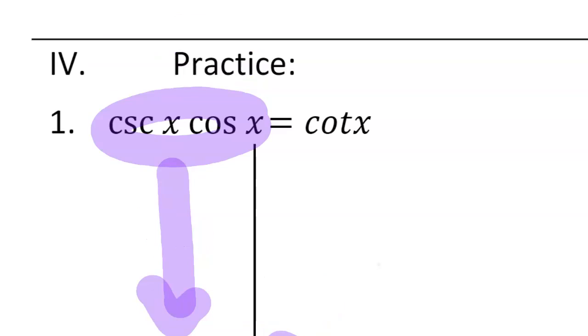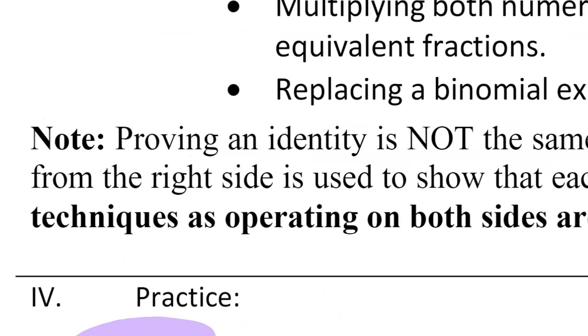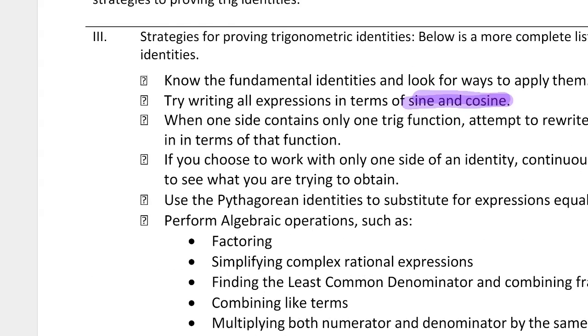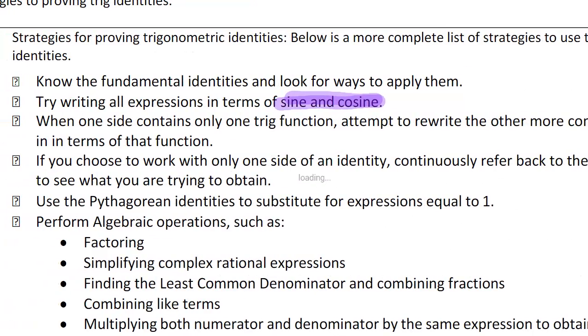This will make more sense. Work with only one side of an identity. Continuously refer back to the other side to see what you are trying to obtain.